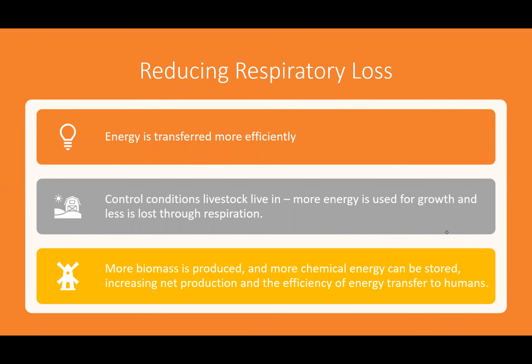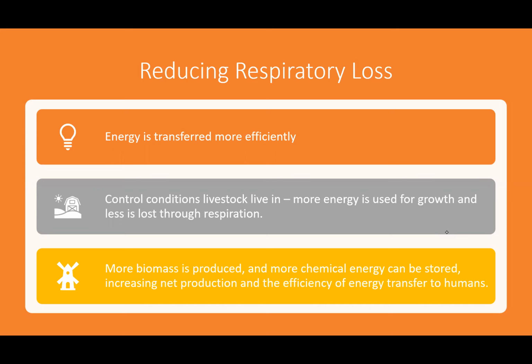So the second thing that farmers can do to increase the efficiency of energy transfer is to reduce the energy lost through respiration. If we reduce respiratory loss, it means that more energy is transferred more efficiently.